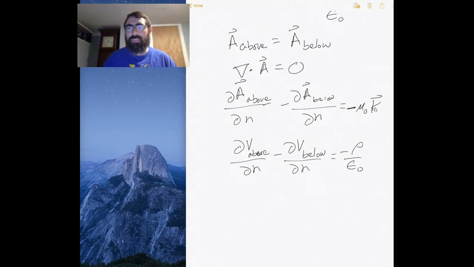And in both cases, there is this constant of nature, either mu zero or epsilon zero, which are basically giving us the strength of the interaction, and so they are included in this result.